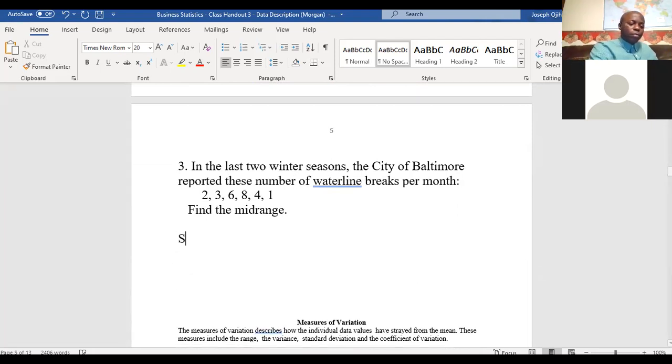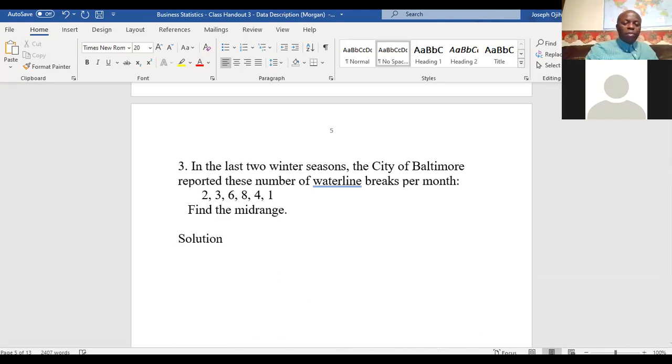Solution. So the formula for the mid-range is mid-range equals minimum value plus maximum value divided by 2.